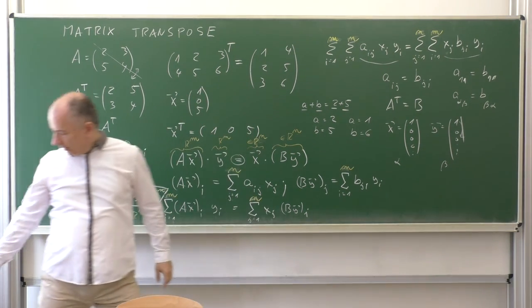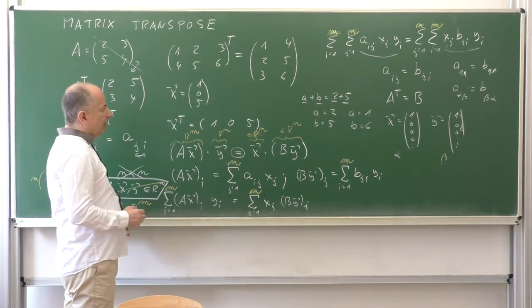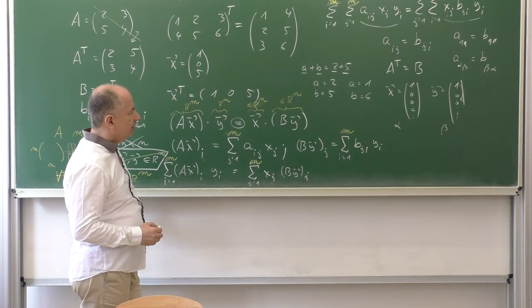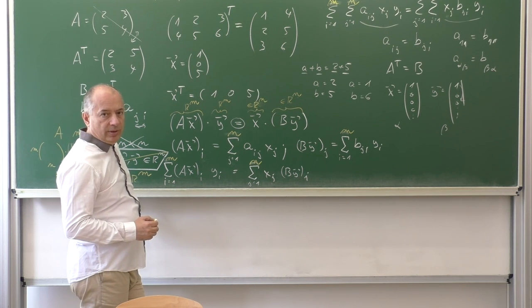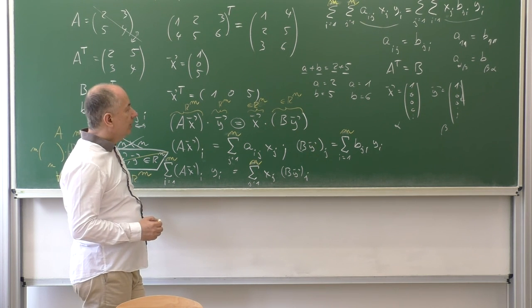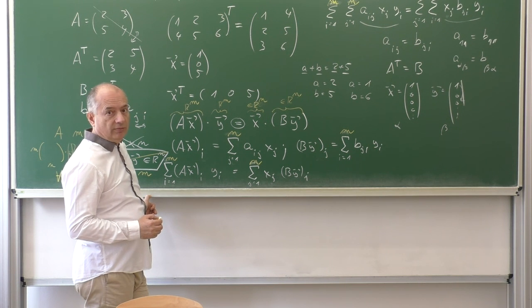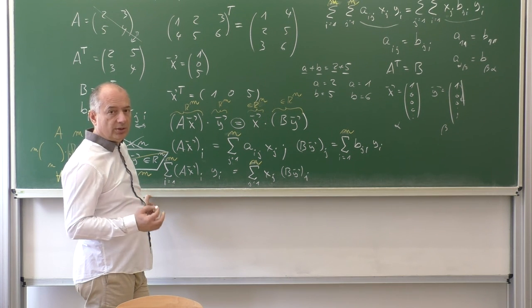And similarly, as we can multiply two matrices, we can multiply a matrix with a vector. We can also multiply two vectors, namely we can build a scalar product.